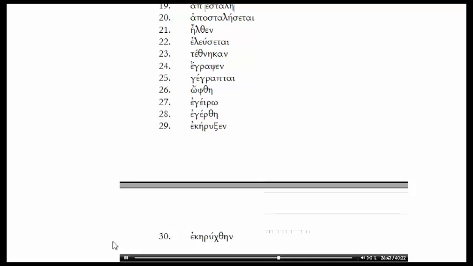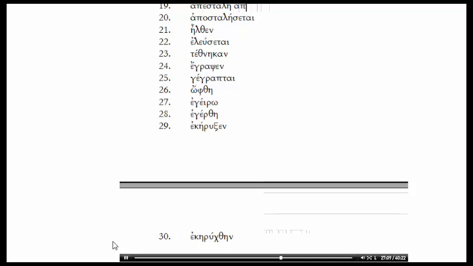Stello, principal parts were stello, stelo, stela, estelka, estalmai, estalane. So this is from your sixth principal part, but from what verb? Well, from stello, but really here with the apo, it's apostello, which means to send someone.